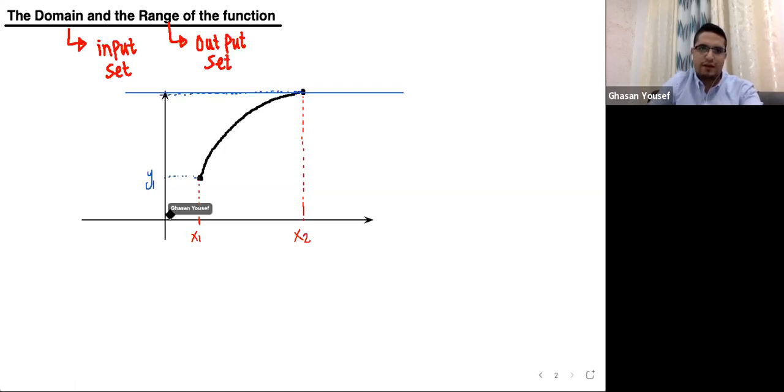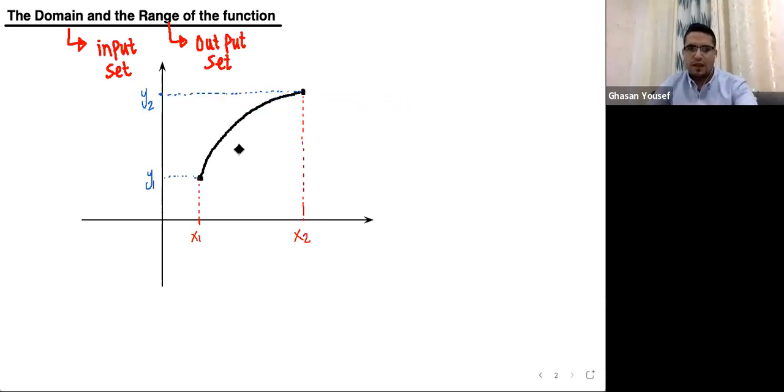So from the graph, I can find the domain and the range for any function. The domain is all x values that the function uses. Suppose this is my function f of x. The function has a graph like this, starting at this point, ending at this point.